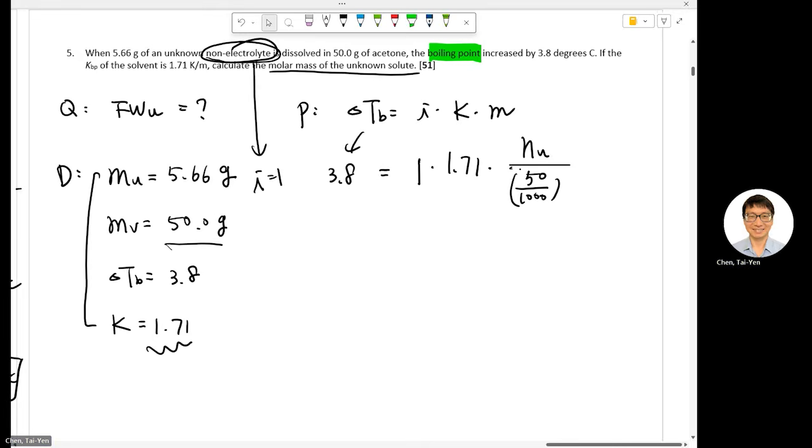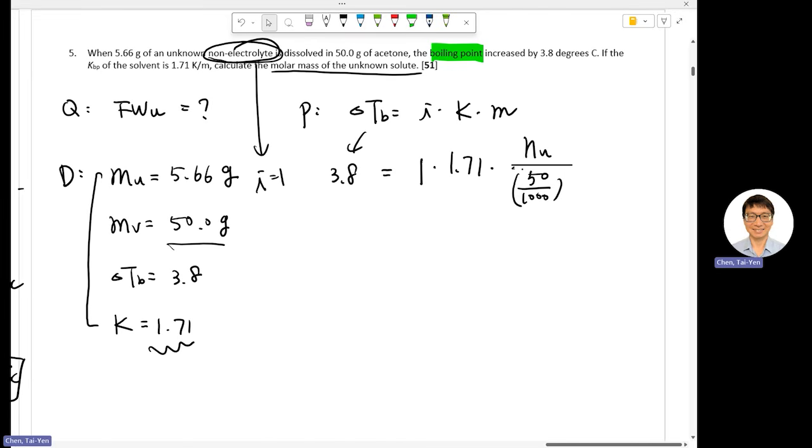Okay. So up to this point, you can calculate the mole of your solute already, right? If you do the calculation, you can know the mole of your solute is 0.111. Then you also understand the mole of solute is the mass of your solute divided by the formula weight of your solute.